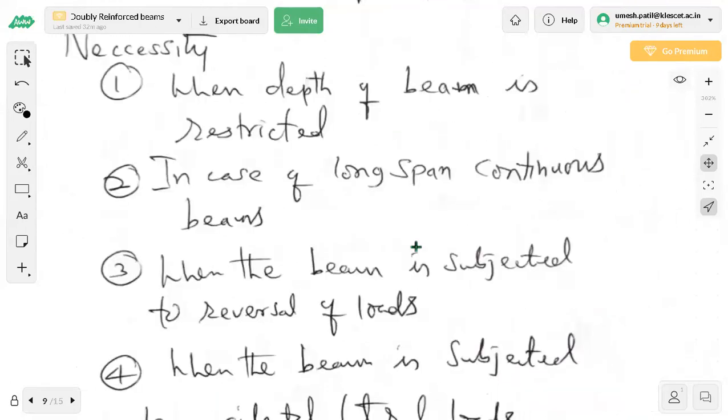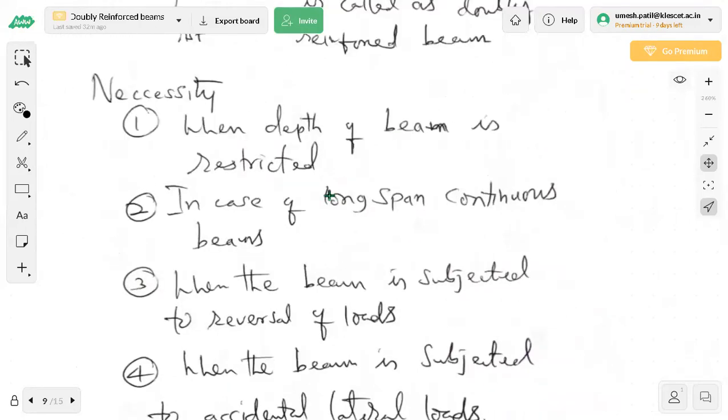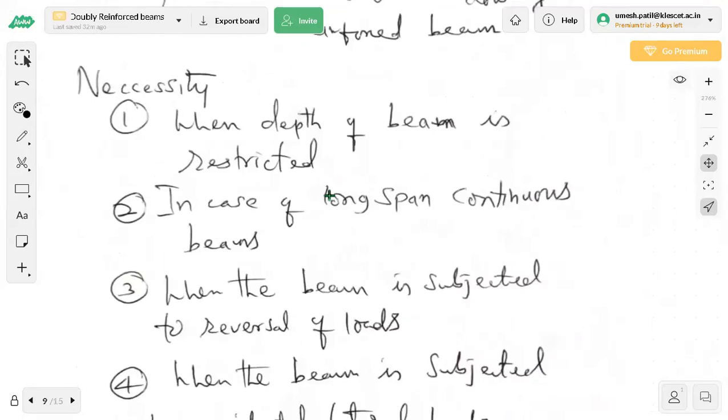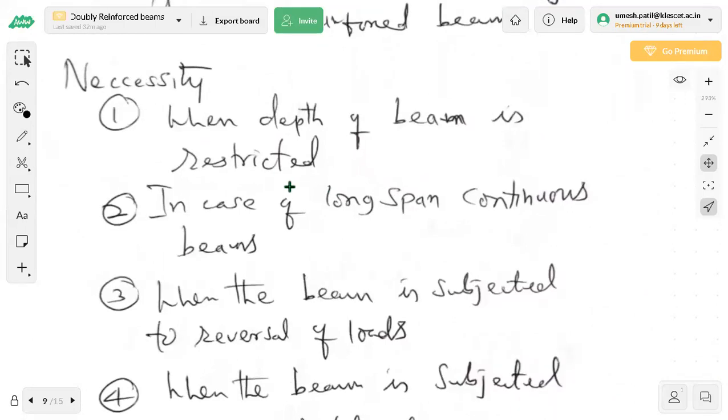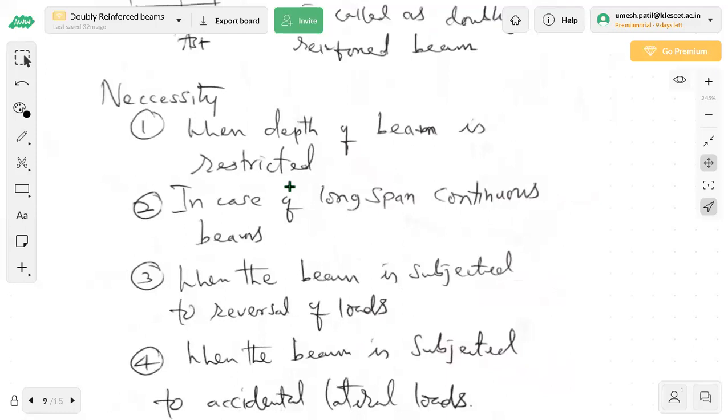So why should we provide it? What is the necessity of this? When do we go for a doubly reinforced section? When the depth of a beam is restricted, and I want more moment of resistance.